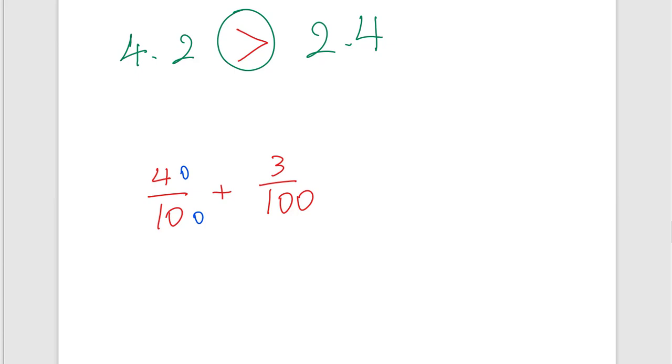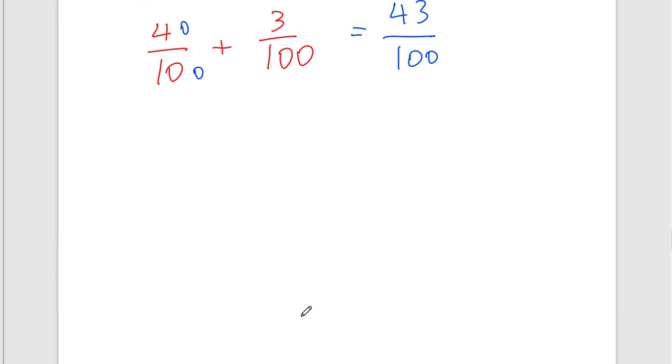So 4 times 10 is 40, and 10 times 10 is 100. And now it's 43/100. Okay, let's see another question. But first, for this comparison, we have 4 as whole and 2 as whole. So start with the whole numbers. That's why 4.2 is greater than 2.4.